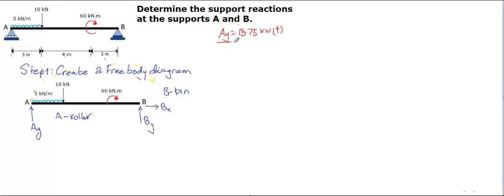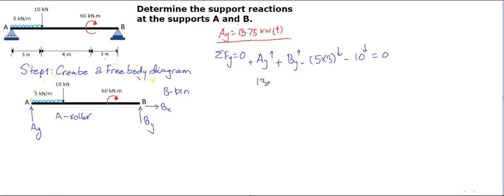Now as we get Ay equals 13.75, we can use the next equilibrium equation, which is summation of Fy equals 0. In this system we have two vertical reactions, Ay and By, both of which are acting upward. Ay we calculated upward, and By we assumed to be upward, and the vertical downward forces are the uniformly distributed load 5 times 3 and the vertical downward point load 10 kilonewton.